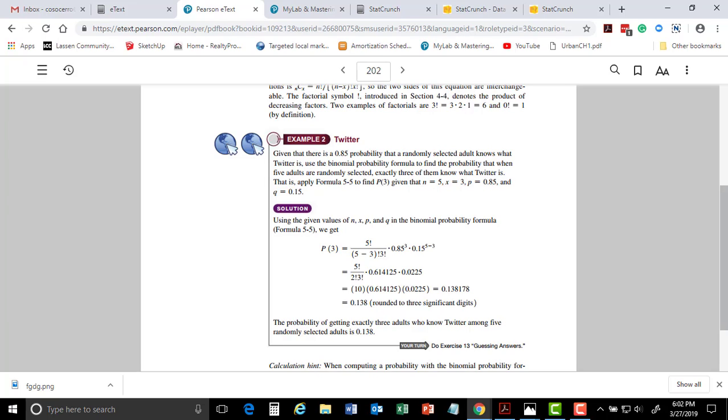They want to know what is the probability that x equals 3 exactly, given that there's 0.85 probability of randomly selecting an adult who has a Twitter account. What's the likelihood they have a Twitter account? Well, we find the probability, and there it is. Okay, so now let's see if we can get this number.